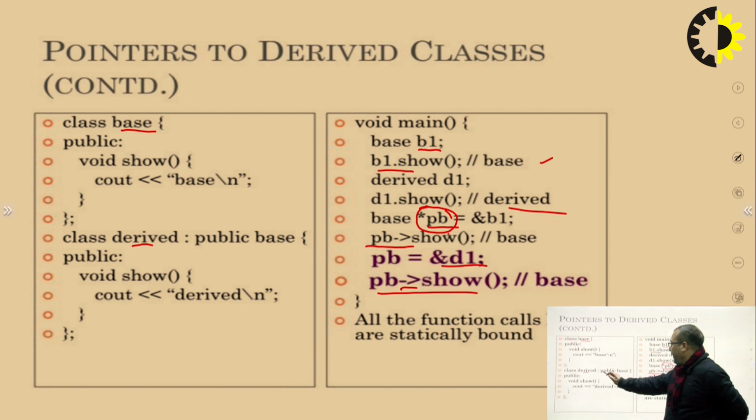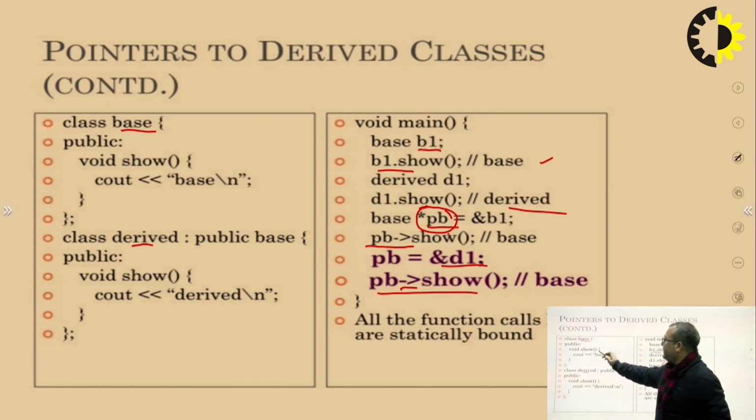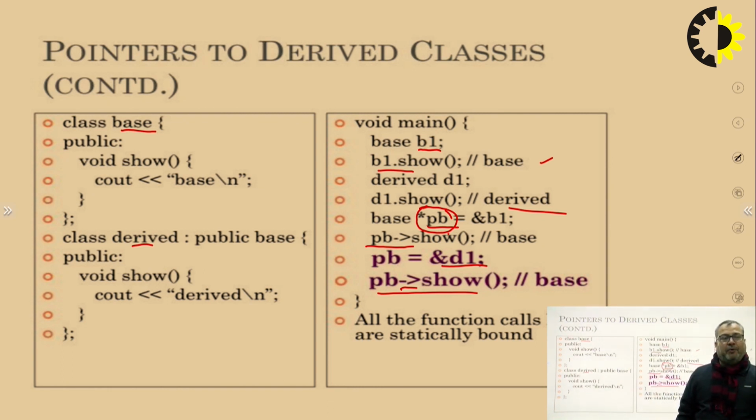Sorry. Actually, if you want this derived class function to get invoked, there is a need for the concept of virtual function. Until and unless you define a virtual function, only the base class function will be invoked.